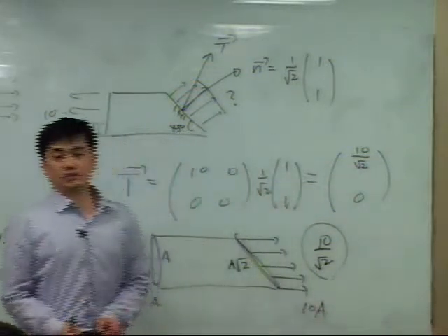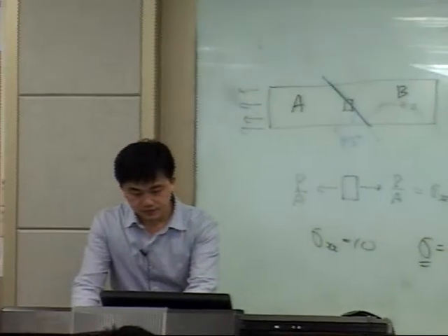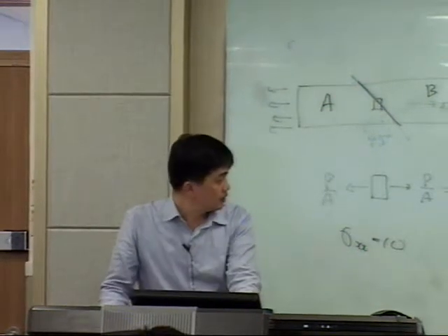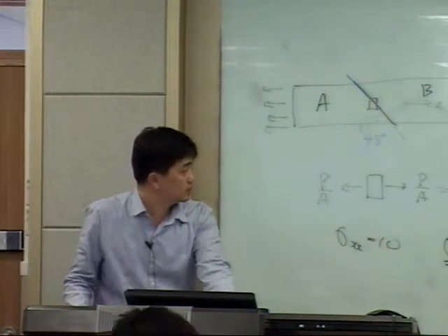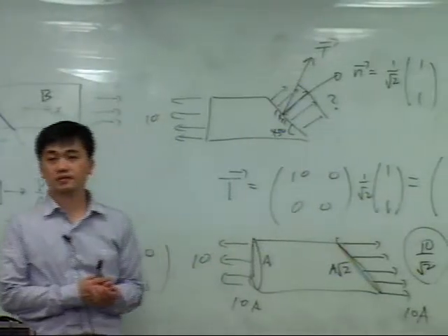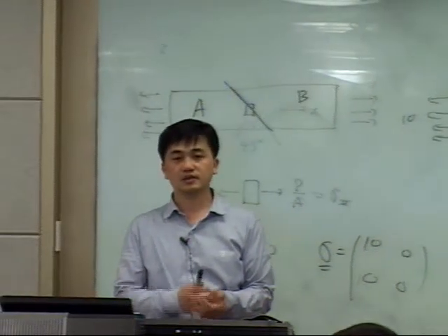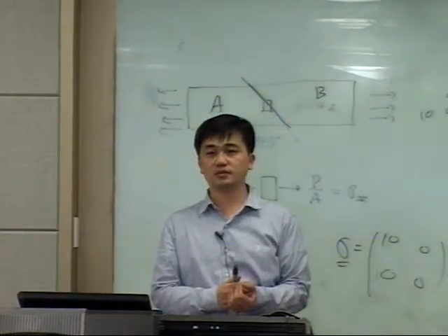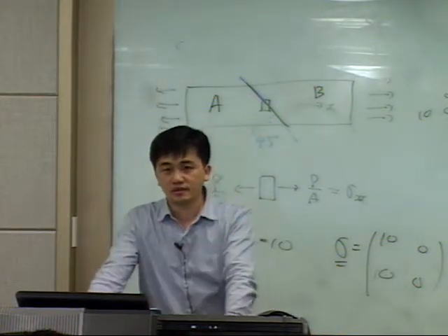So this part of body A is in equilibrium. So if we use this equation, we can calculate the traction on some internal surface and external surface. Okay?